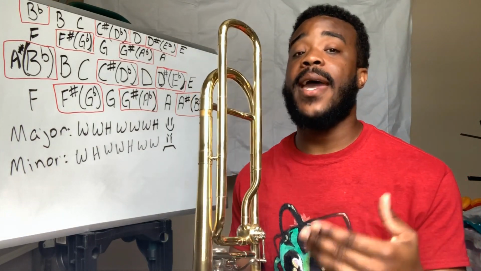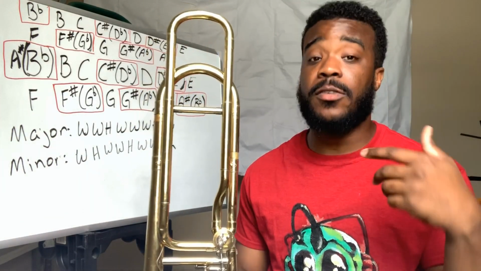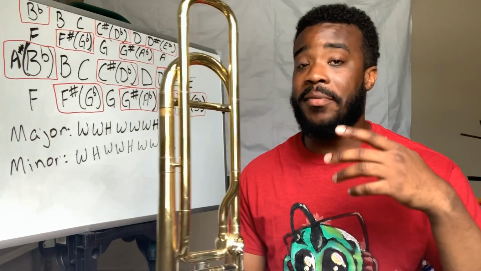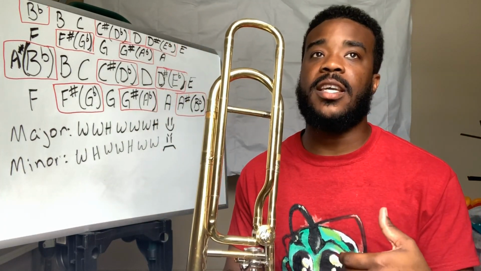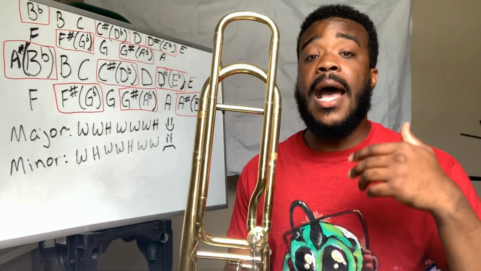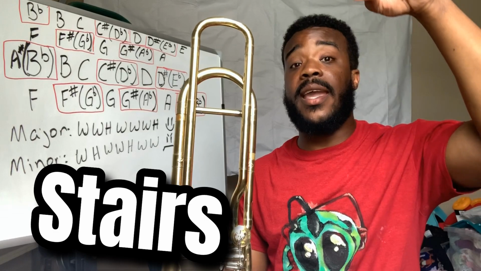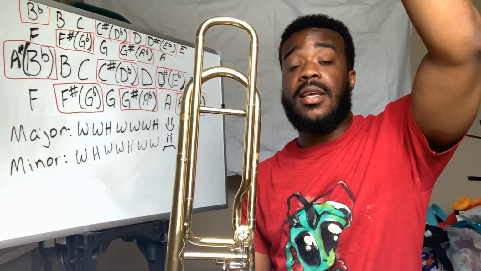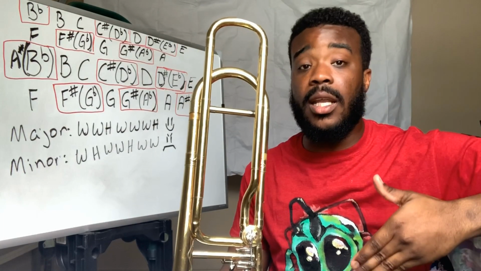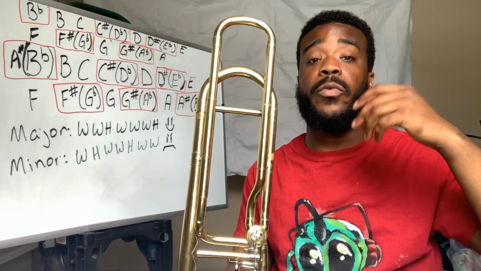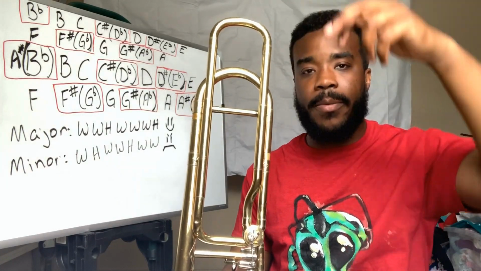So what a chromatic scale tells me, if I were to imagine what it would look like visually, is that it sounds like I'm walking upstairs to the top of the stairs, and as I descended in my notes and went back down to the original note that I started with, I walked back down the stairs.